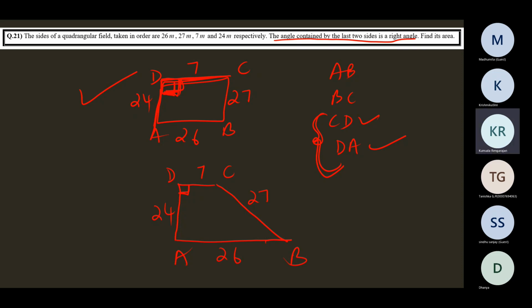You should not dash the right angle. Bisect. No. Divide, ma'am. Divide, no.